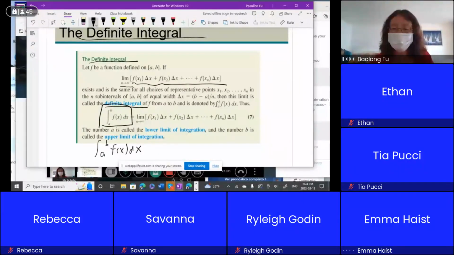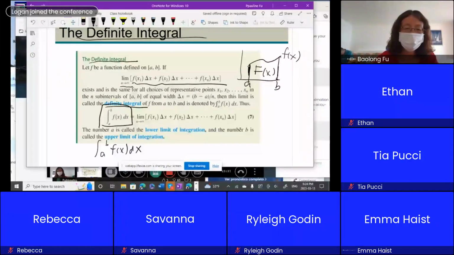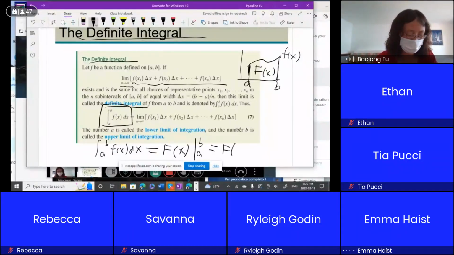This is point A, this is point B. So the definite integral from A to B of small f(x) is actually equal to capital F(B) minus capital F(A). Those are the relationships between small f and capital F.